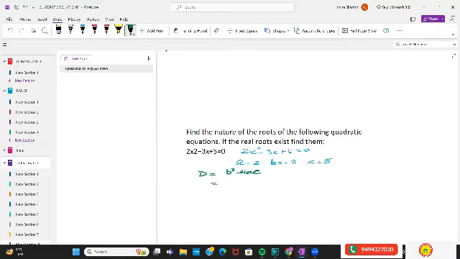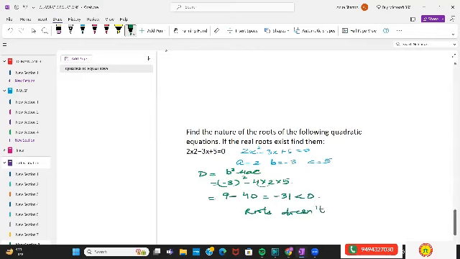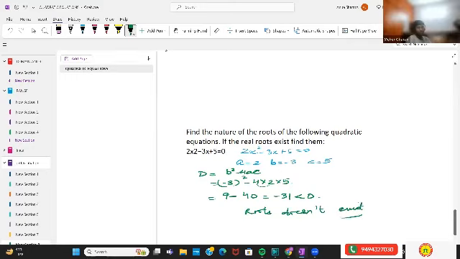So put the value of B as minus 3 whole square minus 4 into 2 into 5. So 3 square is 9 minus 4 into 2 is 8, 8 into 5 is 40. So it will be minus 31, beta. So roots do not exist. Right? Yes, ma'am. Okay.